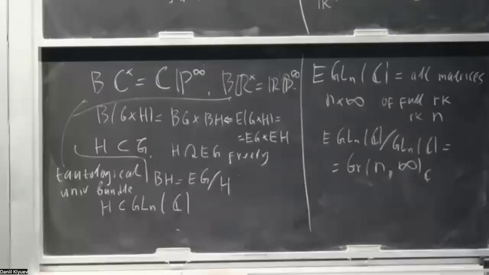I guess not line bundle, just C star bundle. Okay, sorry, I guess I didn't check that. Yeah, so this is a non-zero number, which is good. Okay. This should be good.